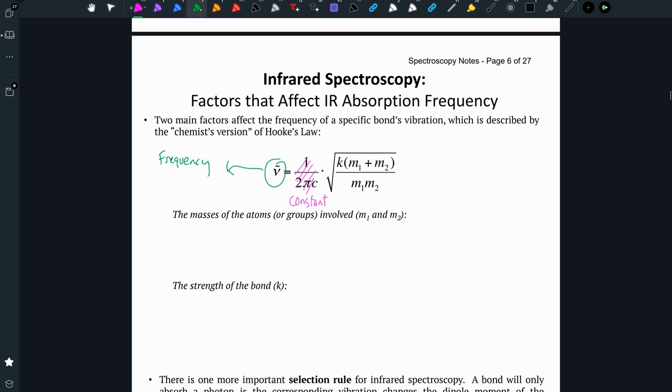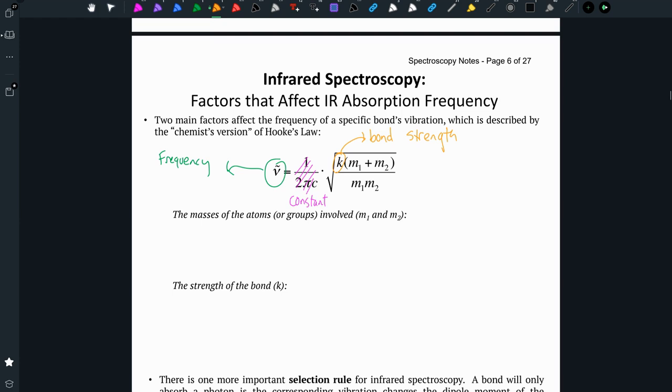And then the other parts of this equation, you have this value of K. This is essentially a measure of the bond strength. In Hooke's law, this would be a measure of the spring constant for that spring. So a really stiff spring would be a strong spring, so that would have a high K value. And a really loose spring would have a low K value.